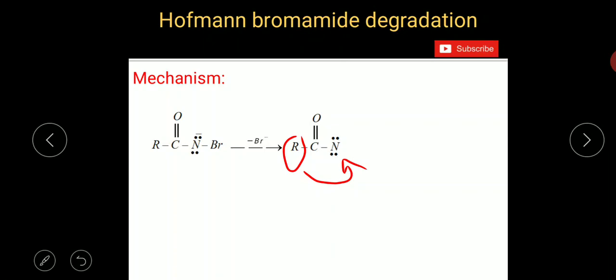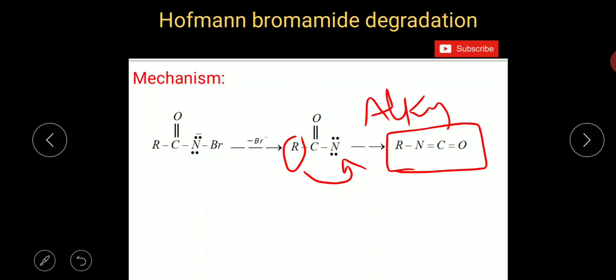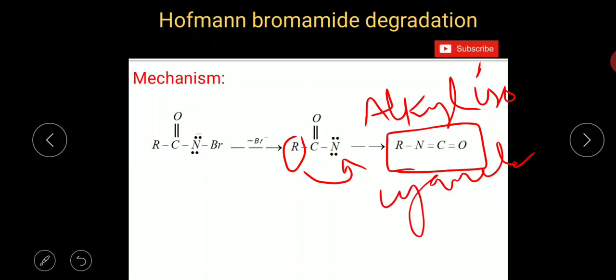So this alkyl group will be migrated to nitrogen and will give you a molecule of R-N double bond C double bond O, which is called alkyl isocyanate. So you will get alkyl isocyanate. So this is also one of the reaction intermediates of this reaction.